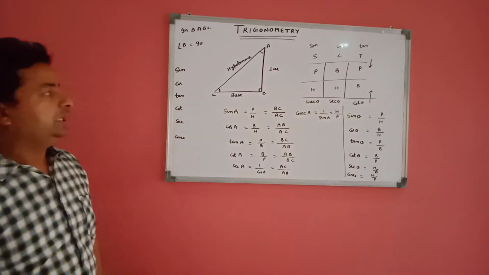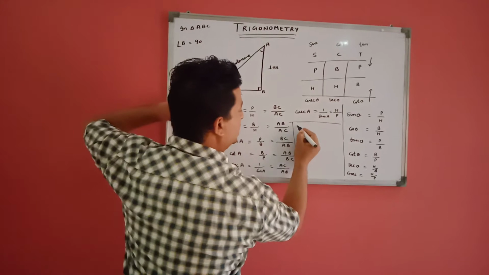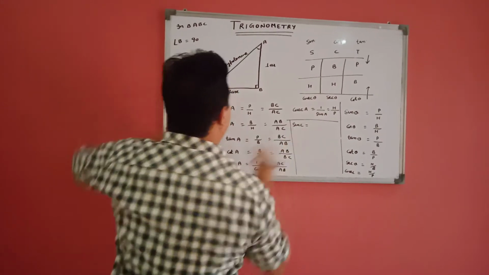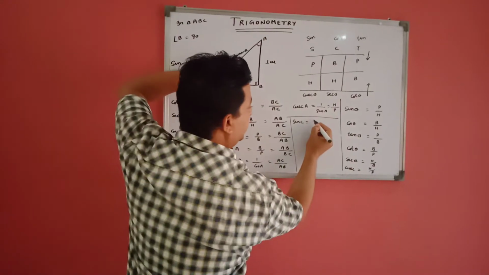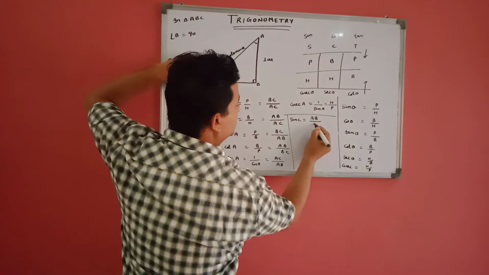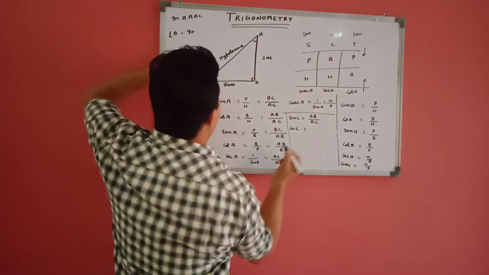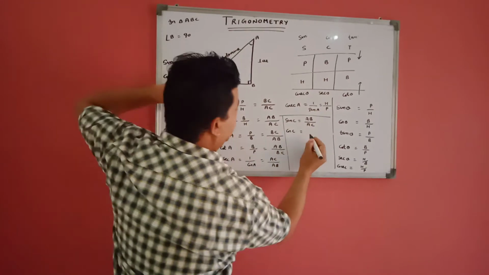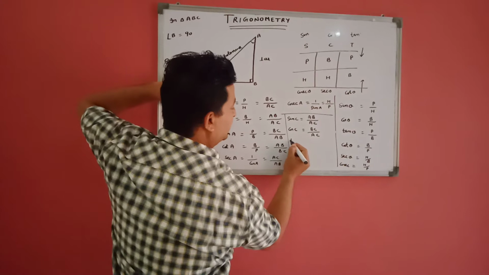In this triangle, if we find sine of C, the side opposite to this angle is the perpendicular. That is, the perpendicular is AB and the hypotenuse again remains fixed, AC. If we find cos C, the base is BC and the hypotenuse is AC.